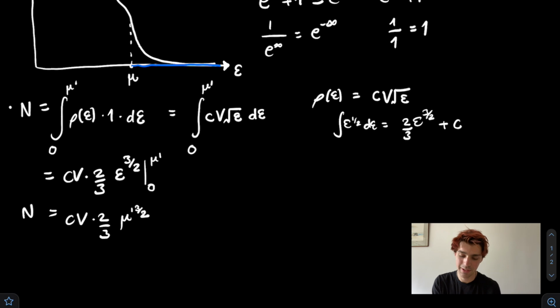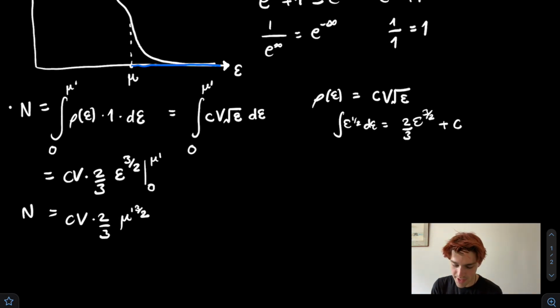Here's our graph for 0 Kelvin. It's the energy of the topmost filled electron state. And so anything up to the Fermi energy is going to be completely occupied, and anything above the Fermi energy at 0 Kelvin, this is not true generally, but this is true of 0 Kelvin, anything above that energy is going to be completely unoccupied, and so there are going to be no states filled at all.